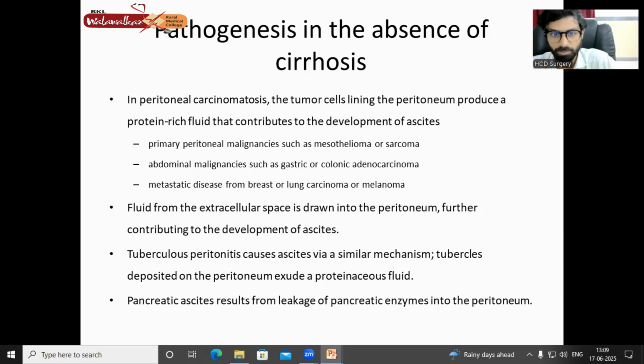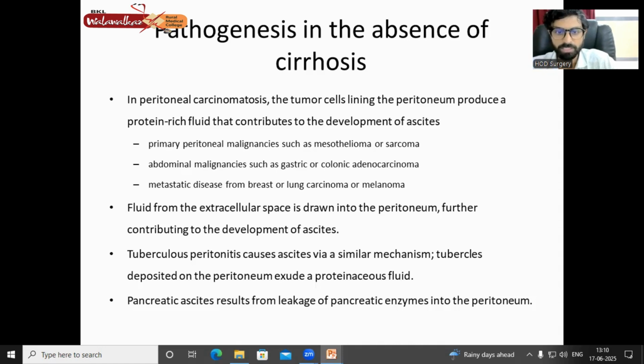It can occur in abdominal malignancies like gastric or colonic adenocarcinoma, and also metastatic disease from breast or lung carcinoma or melanoma. Fluid from the extracellular space is drawn into the peritoneum, further contributing to the development of ascites in such situations.